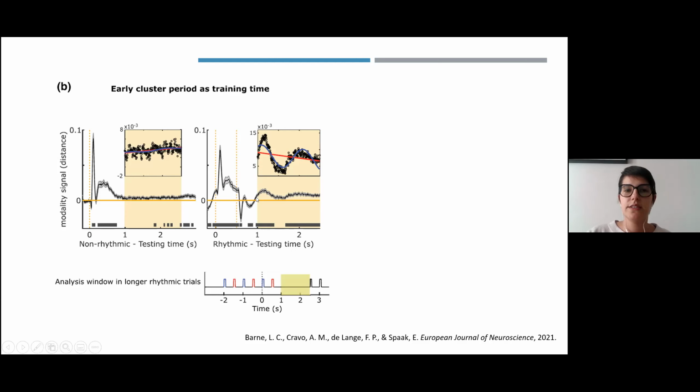And you can see that we can clearly decode the sensory modality during this period. And this sensory representation is oscillating with the expectation that participants have in time. So you can see that there is a bump more or less at 1.